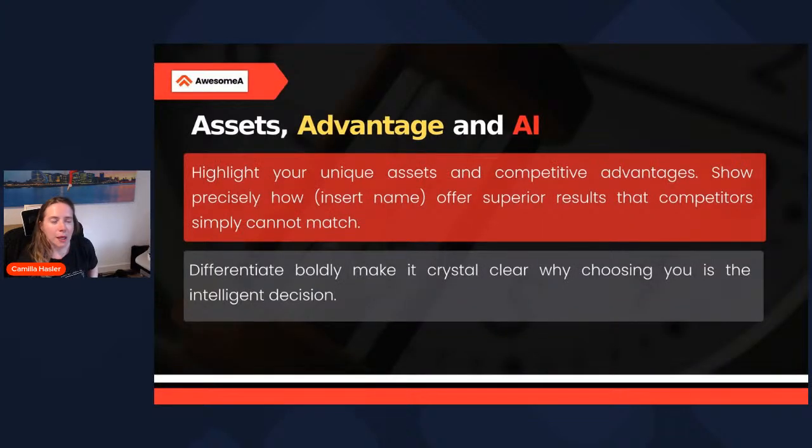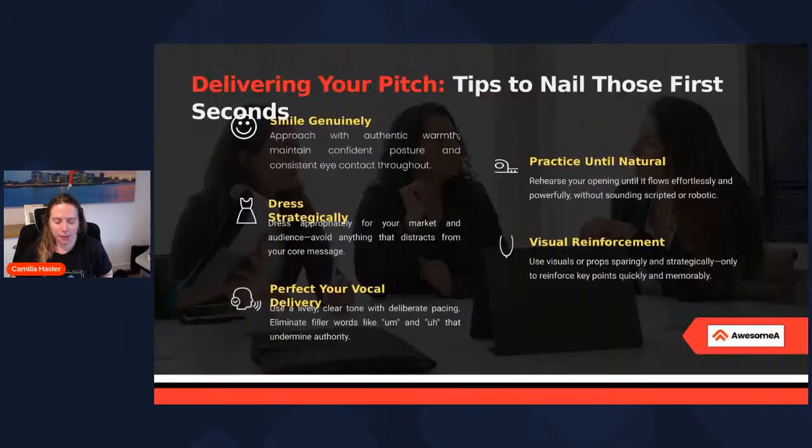The last thing I want to say is, if you have unique assets, you want to highlight what makes you unique or special. Make it clear to your buyer precisely what superior results you can achieve, and differentiate more boldly to make it really clear why choosing you is a more intelligent decision.